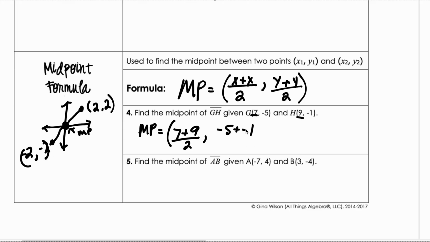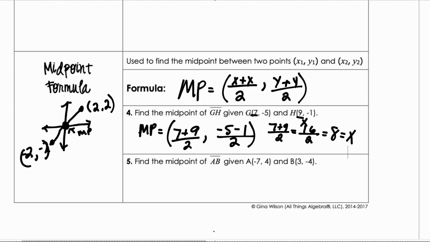And we know that a negative and a positive make a negative, so I am just going to write -1. Okay, so let's go ahead and reduce this. So we have 7 plus 9 over 2 is going to be our x. And so 7 plus 9 is 16 over 2, which reduces to 8. So I know that my x equals 8.